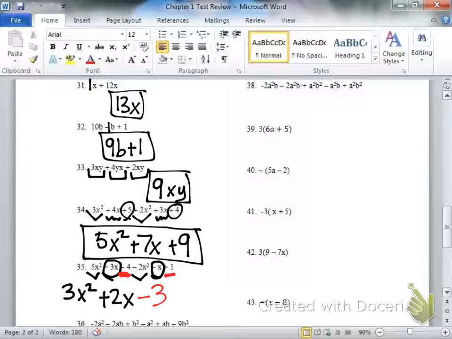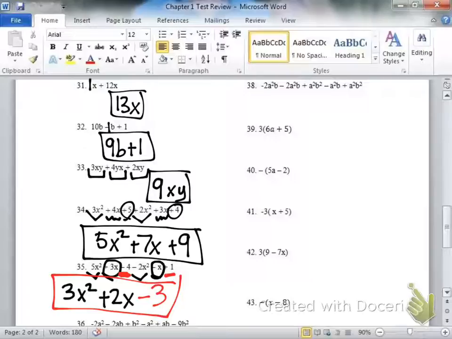That is the answer. Why can't I combine all those to be like a big old 2xyx? Yes, they're not like terms. You can only combine them when they have the same variable with the same exponent. Oh, can we combine the 3 and the 2 because they both have x's? You can't. One of them is x squared, one of them is x.